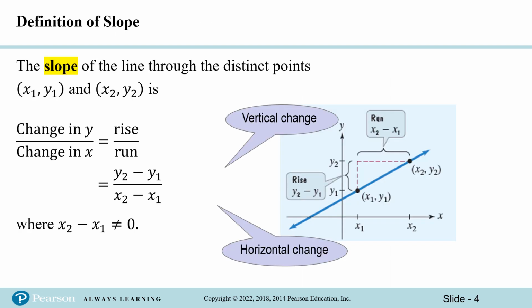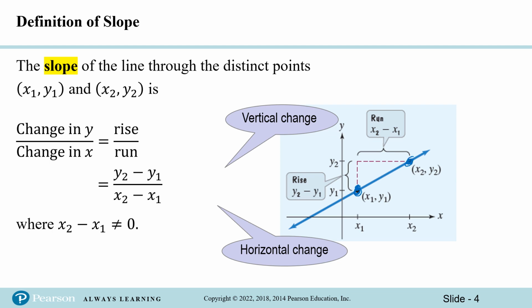Okay, the slope of the line through 2 points. There are several different ways we can use to find slope. It depends on what we're given. So if we are given a graph, let's suppose we pick 2 different points.